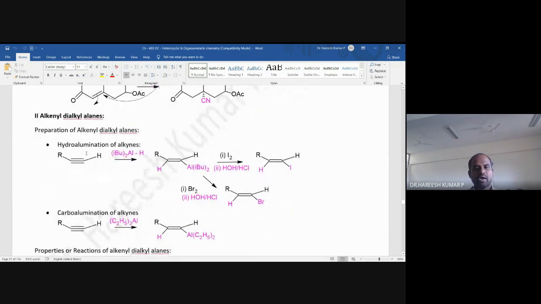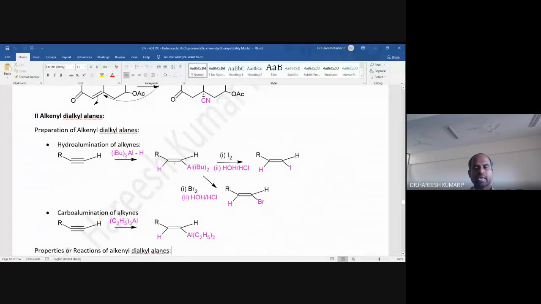Here, hydroalumination of alkynes. That means the alkyne is the starting material. When an alkyne is treated with the hydride, this is hydroalumination: hydrogen as well as aluminum is added to the triple bond. The compound obtained is called alkynyl dialkyl alane.